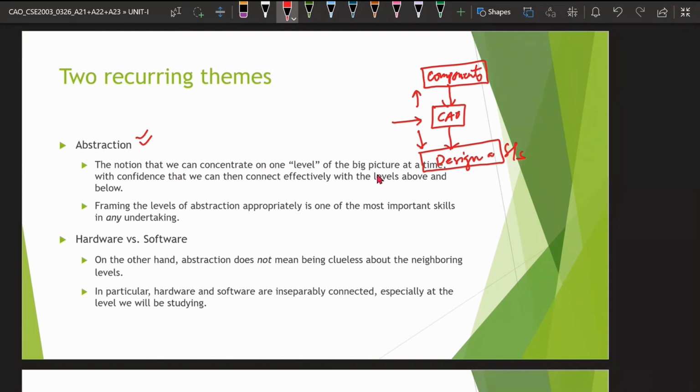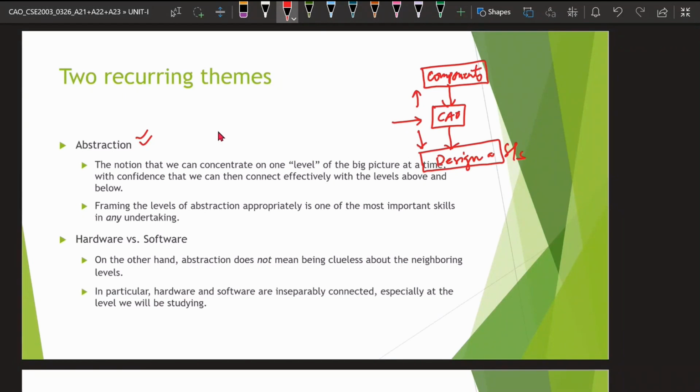One level of a big picture at a time, with the confidence that we can then connect effectively with the levels above and below. That means at whatever particular level we are, we will be able to connect with components and with the design of a particular system.